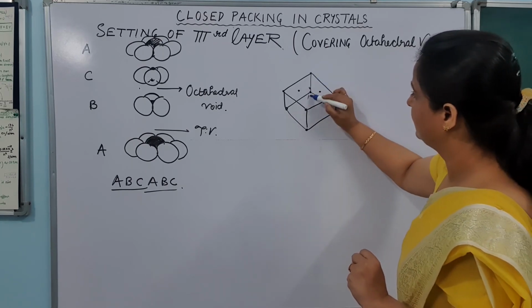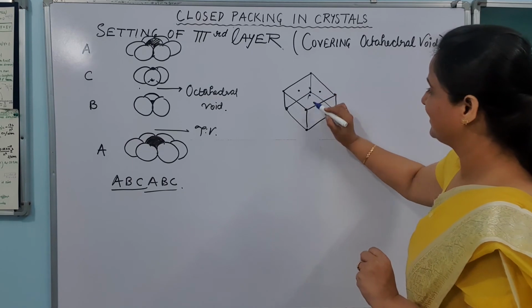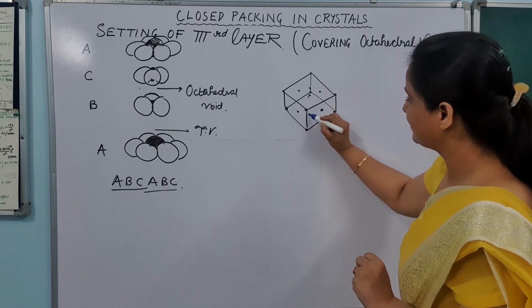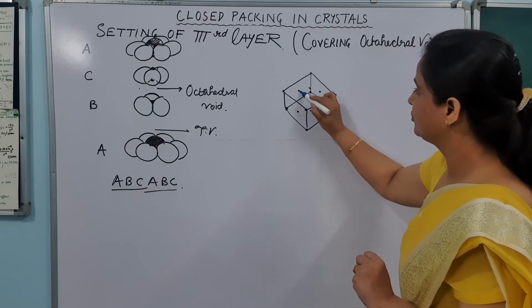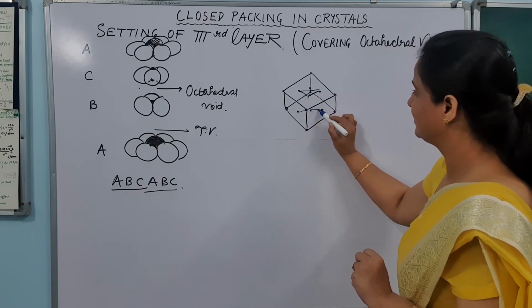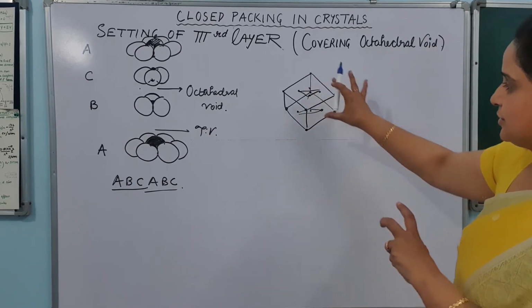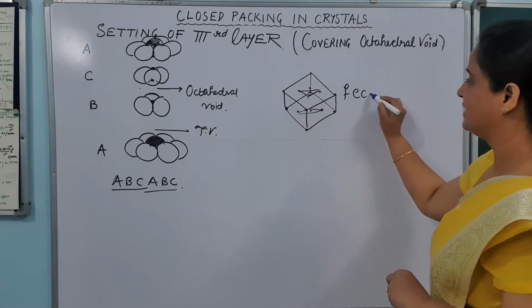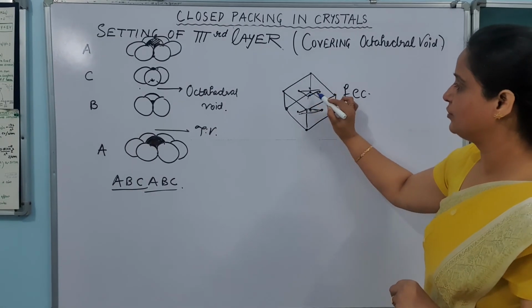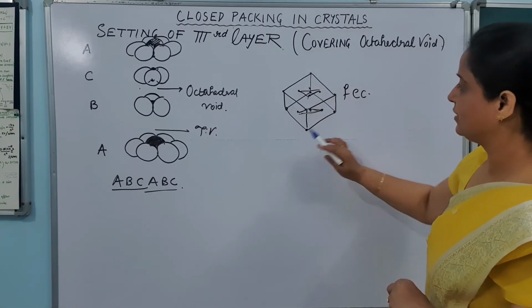No, it is around here. Okay, now this face center or its middle will be here somewhat. So 3 plus 3. Are you getting this? So this is called FCC.